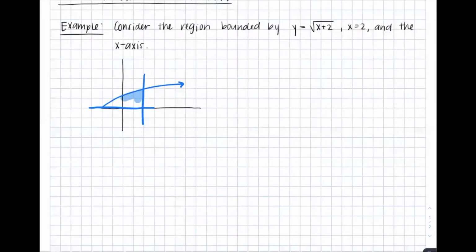And so last time what we did was we revolved this around the x-axis and we got this kind of looking shape, right? It's a very rough picture of it, but that's essentially what we got last time.